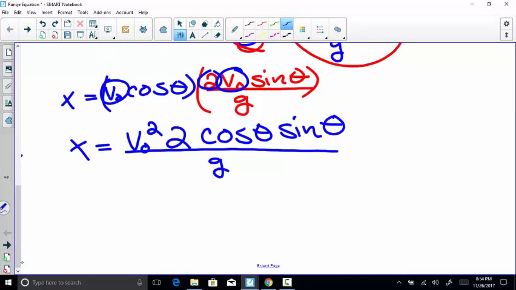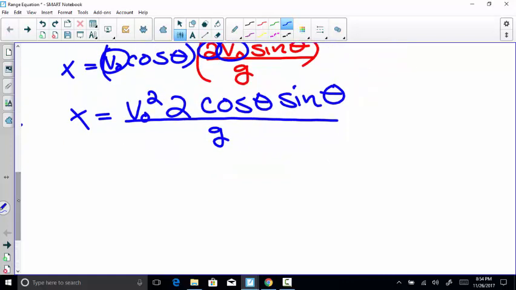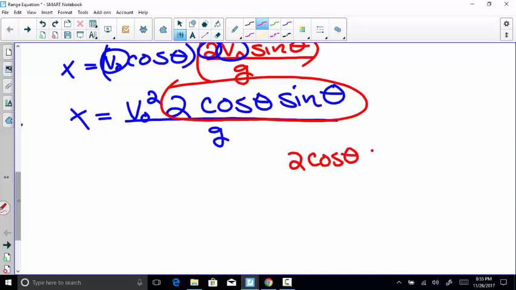Here's where it does you good to pay attention in math class, and I would not expect you to know this. We could put this equation on our note cards as it is, but 2 cosine theta sine theta is actually a trig identity that equals the sine of 2 theta.